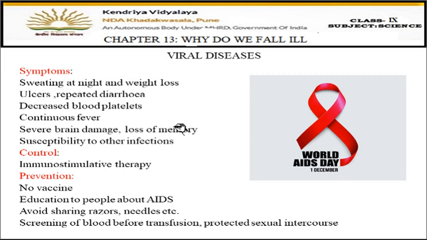A balanced diet, proper medication and regular exercise are needed to keep healthy and fit, because if any germ enters the body, it is very difficult to treat, as the immune system slowly gets weakened. So this is all about AIDS.